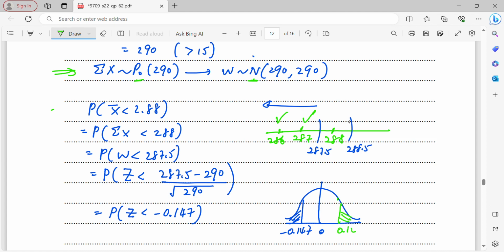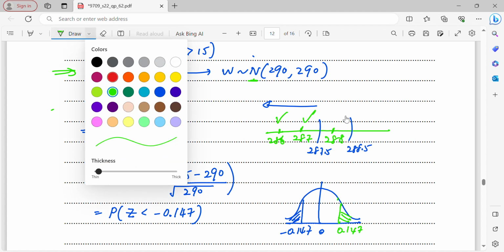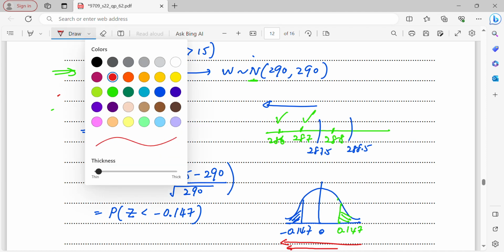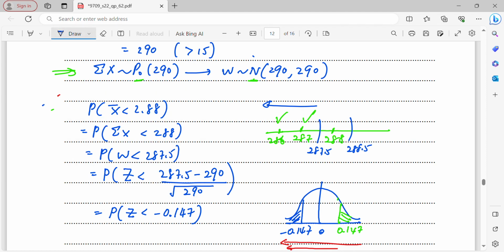This is 0.147. Now the green region is the reflected region of the negative value. So to get the green region, it will be total probability 1 minus all previous probabilities. Alright, so which means now here I will get 1 minus P of Z less than 0.147.